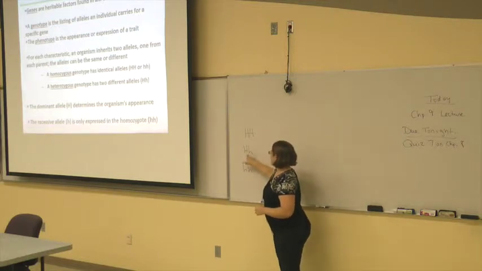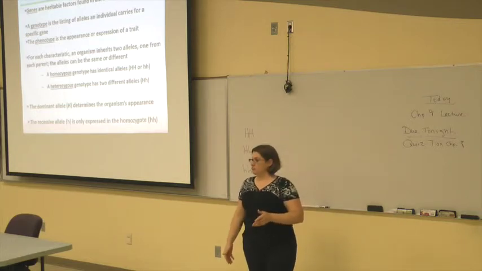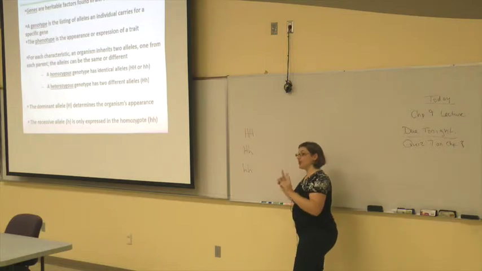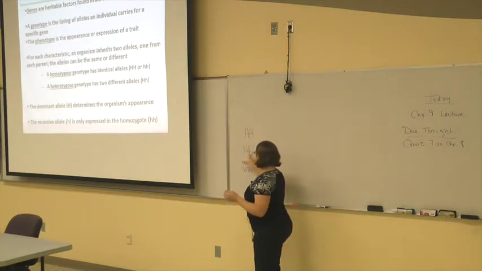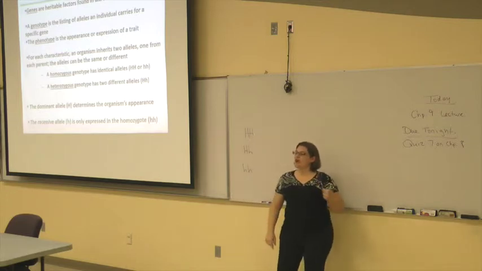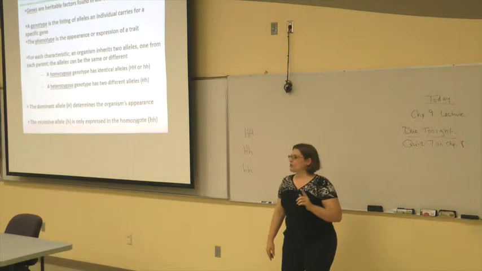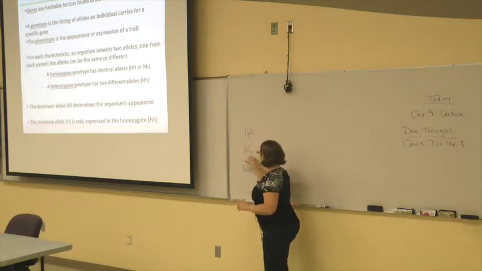What about this one? You've got two different alleles here, big H and little h. That's called heterozygous because you've got two different alleles, one dominant, one recessive. But what trait do you think is going to be expressed in the heterozygous genotype?